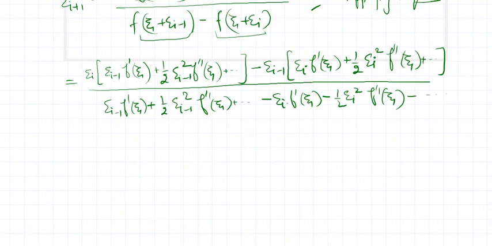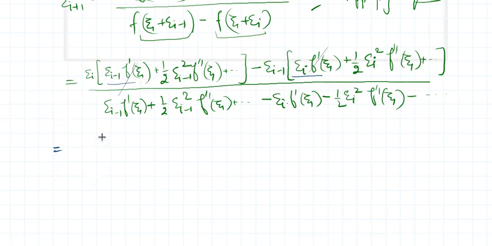Now let's do a little algebra. If I multiply this part with this part, it is ε_i ε_{i-1} f'(ξ), and similarly it is ε_{i-1} ε_i f'(ξ), because it gets multiplied here. So these terms become identical, so they can cancel out, right?